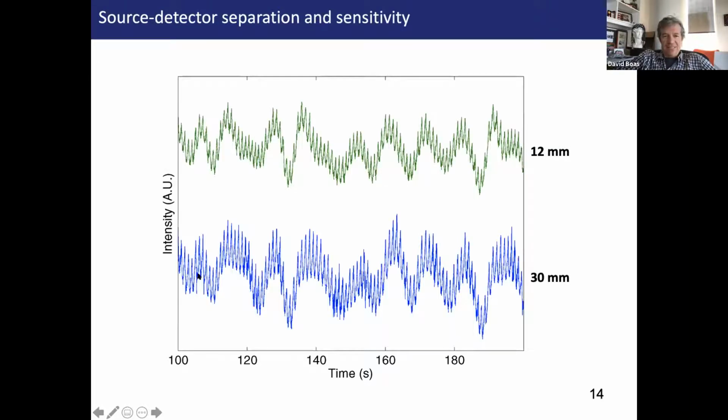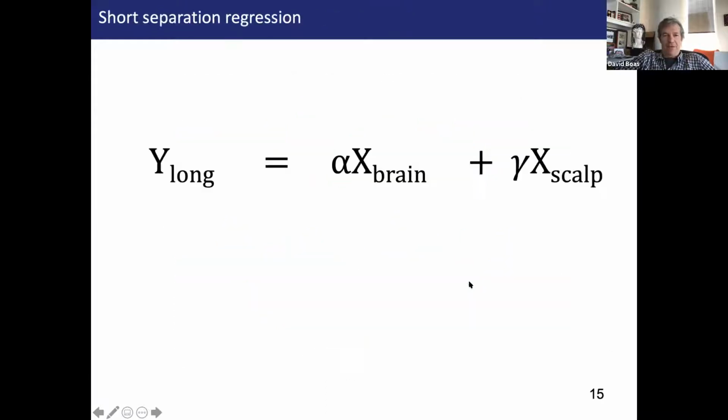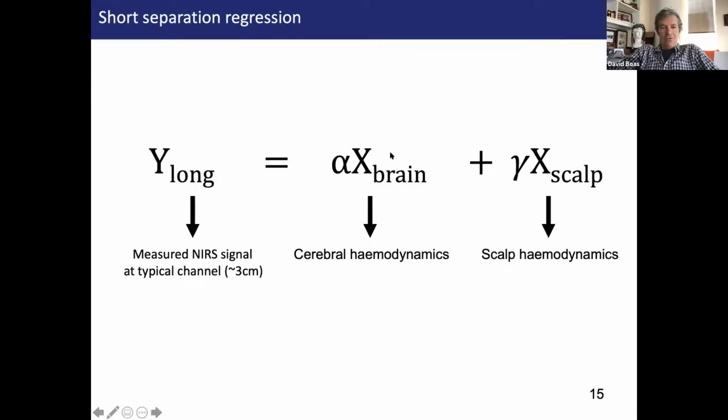So this blue line would be in a vector Y. We're going to say that that's going to be equal to some time vector of the signal from the brain plus some time vector of the signal from the scalp, with some coefficients in front of them. Okay, so this is the cerebral hemodynamics, this is the scalp hemodynamics. We add them together. That's what we measure with the 3 centimeter separation.